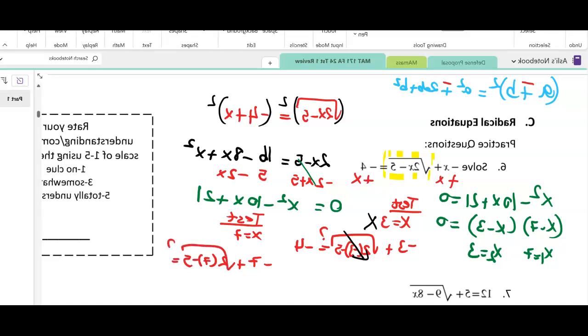Is it equal to negative 4? Okay, so that is 14 minus 5, 9, square root of 9, 3. Negative 7 plus 3 is equal to negative 4. Check. So then go back here and write the only solution.